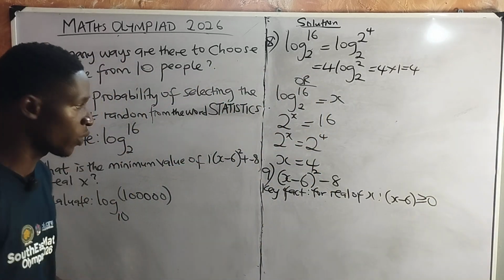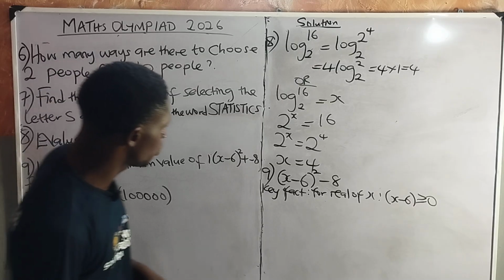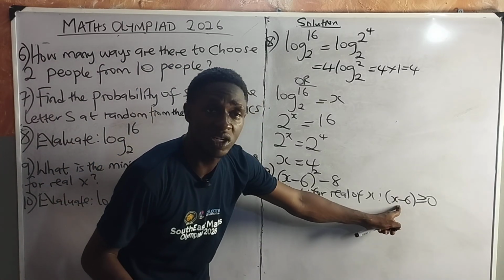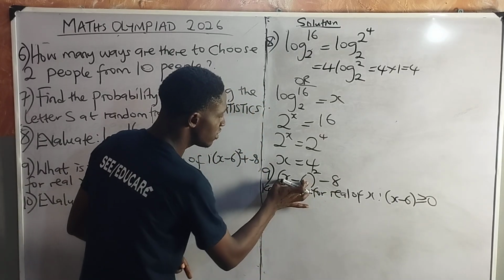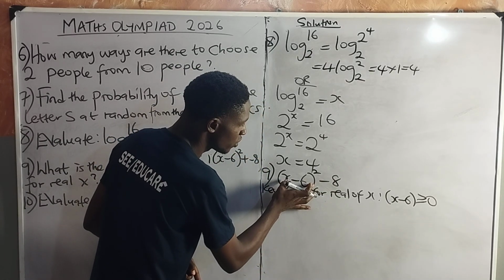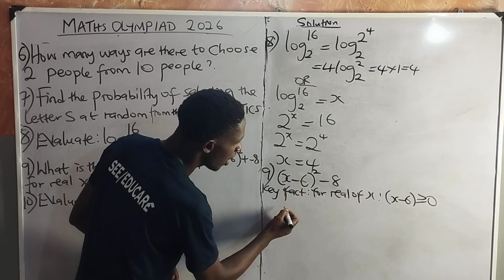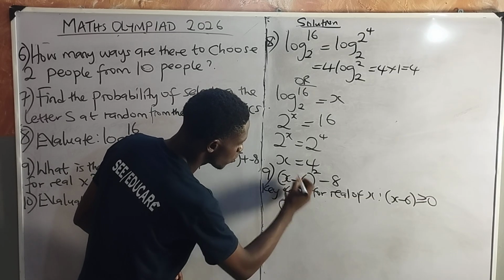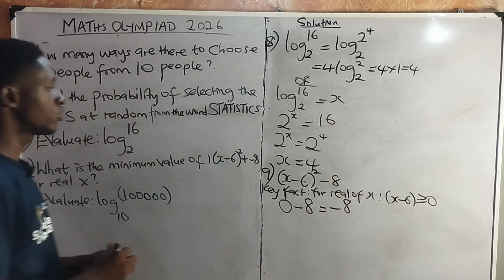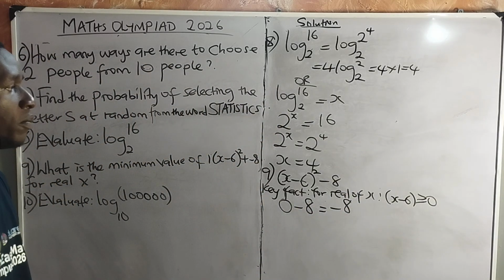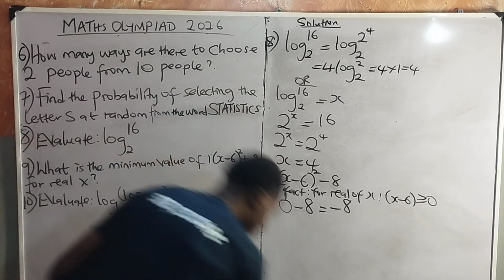What do we mean by that? What number are you going to put here to make it 0? It is plus 6. Are you seeing that now? So this is 0 once you get to this part. So we now have 0 squared minus 8, which is equal to minus 8. So the minimum value is minus 8.